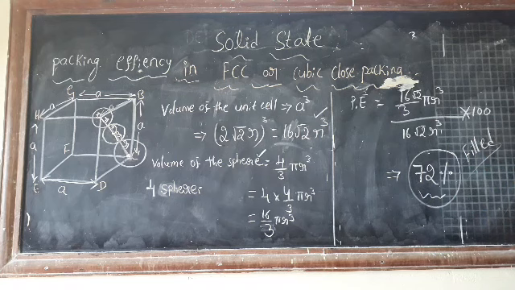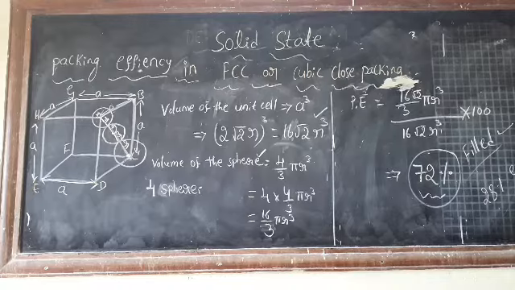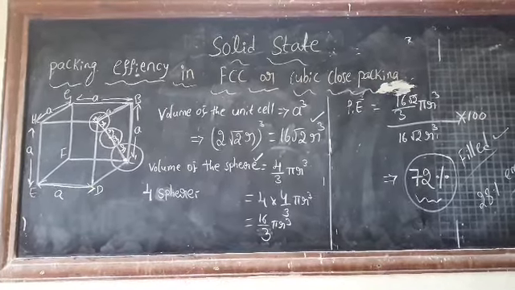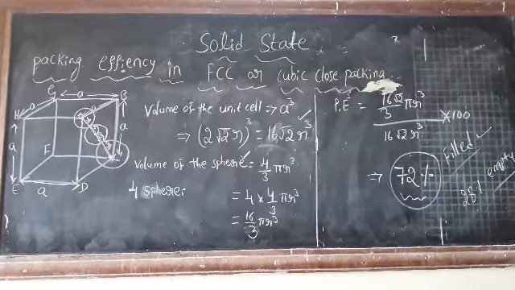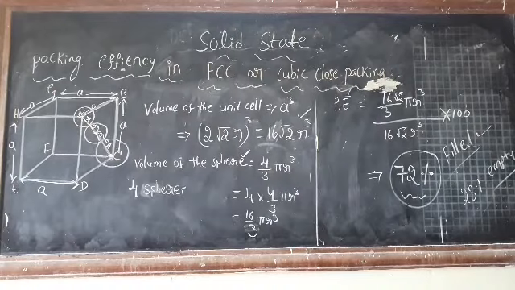The remaining 28% of the space is empty. This is the packing efficiency in FCC.